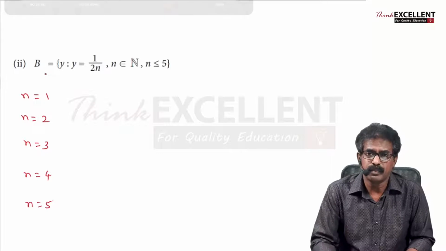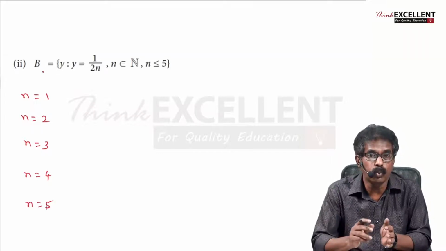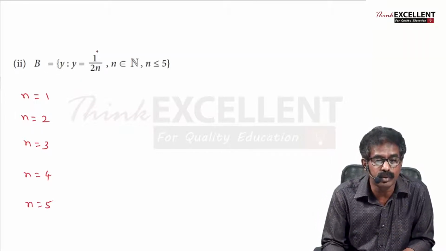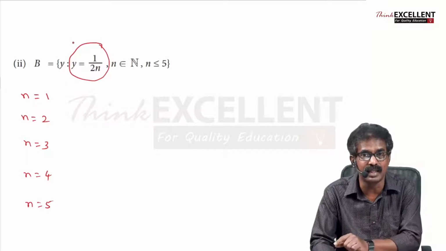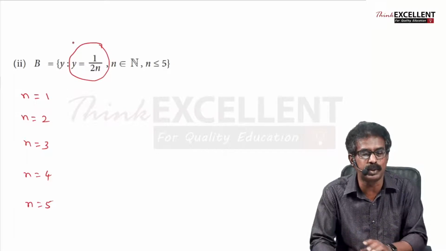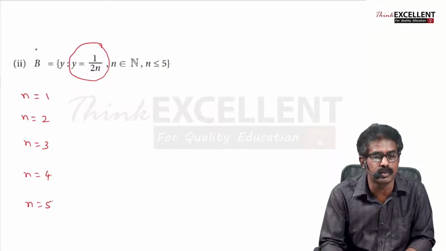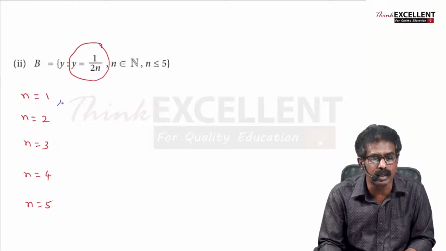But we want y because B equal to set of all y. But if you want to find y, you must know n because y equal to 1 by 2n. Now you substitute n value and you find the corresponding y value. First, when n equal to 1, what is y? 1 by 2 into n. What is n value for the first case? 1.